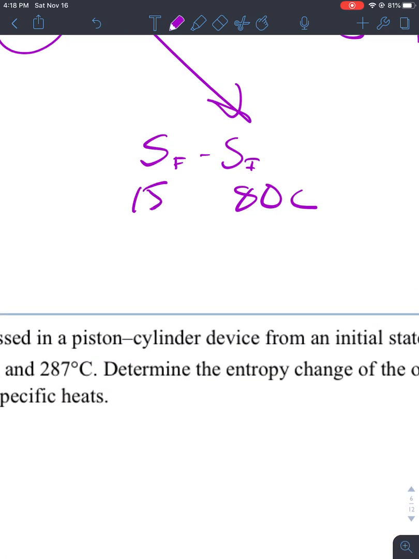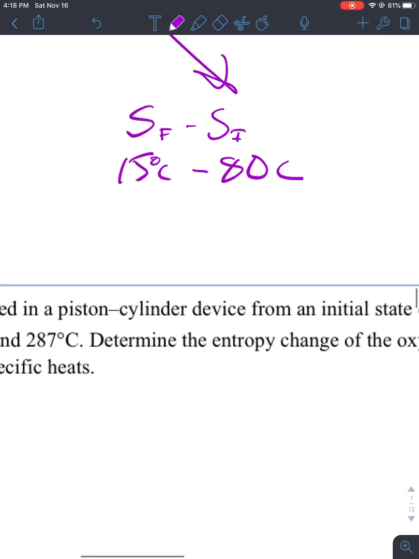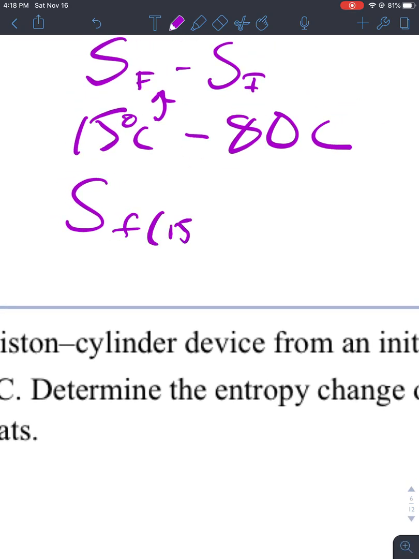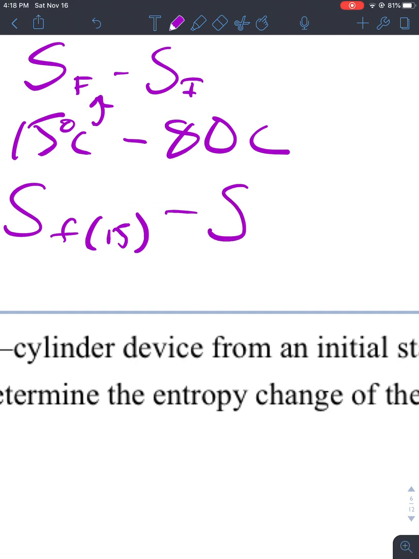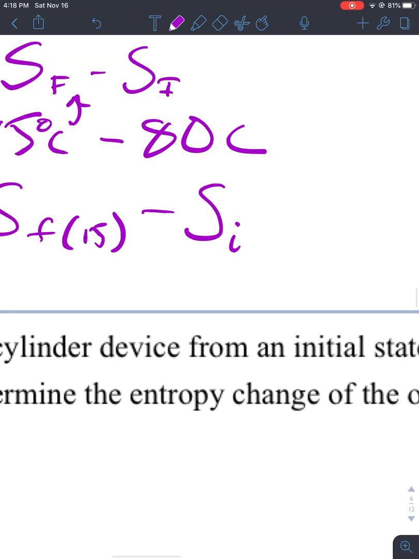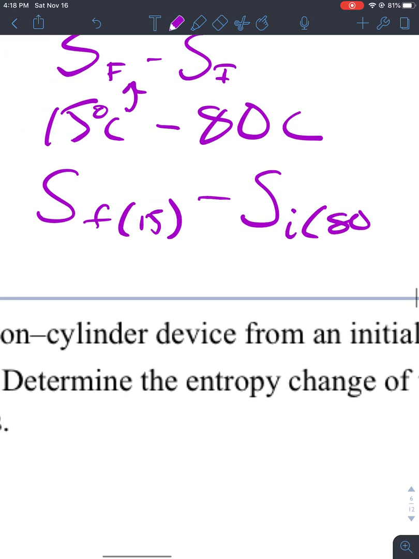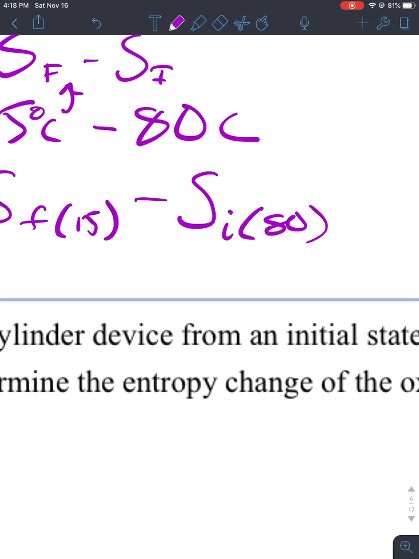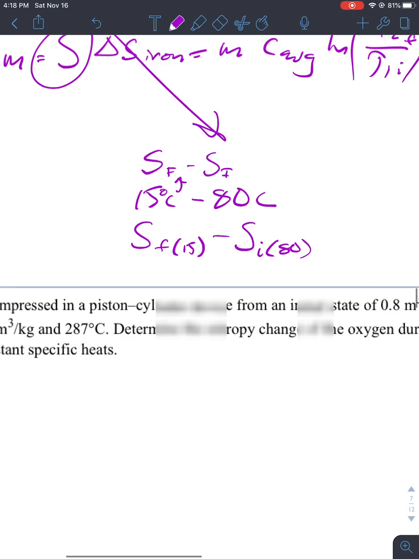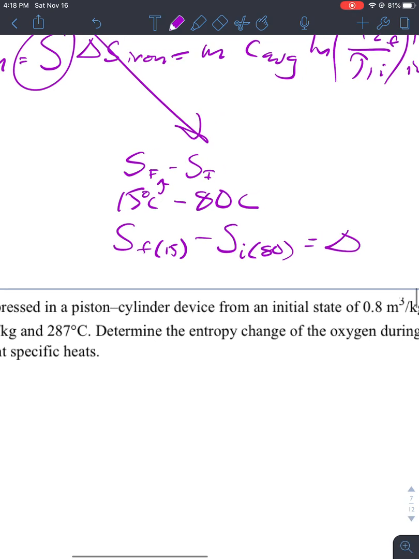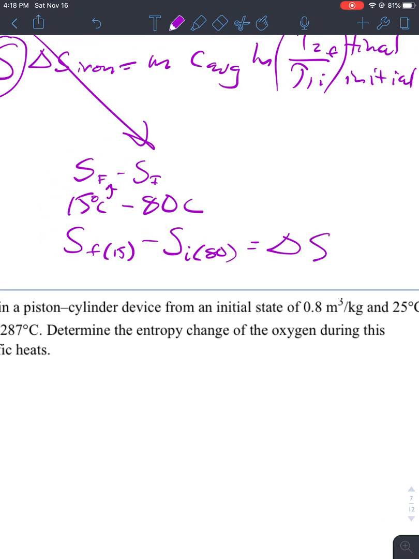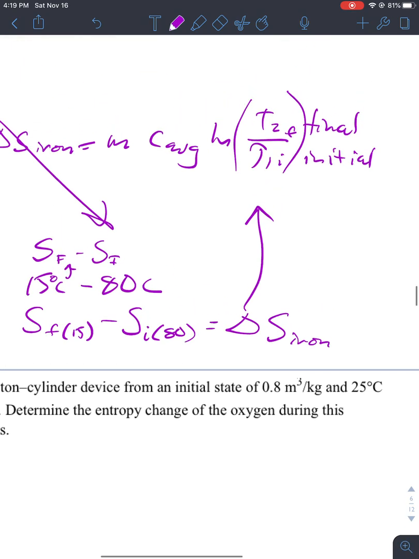At the end, final temperature is 15 Celsius. So at these points, it's S final at 15 minus entropy initial at 80 equals delta S, delta entropy iron, which goes up here. Hooray!